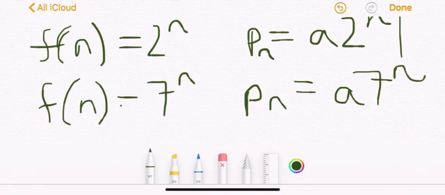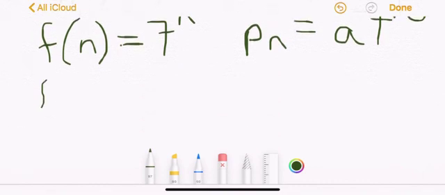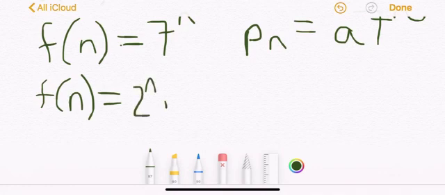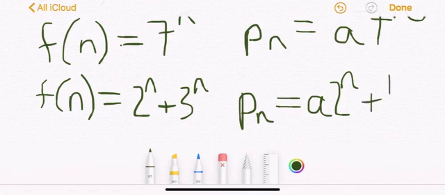And if we consider something like f of n equals 2^n plus 3^n, then we've got two different things here, so we'd have a particular solution of a 2^n plus a different constant b 3^n. I think we'll go back and do one of those in a second, but let's consider some other options.